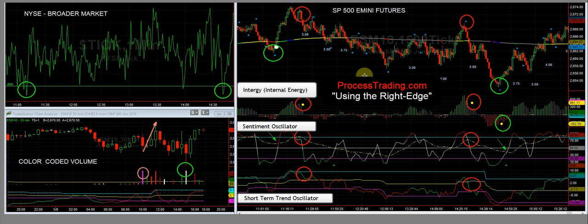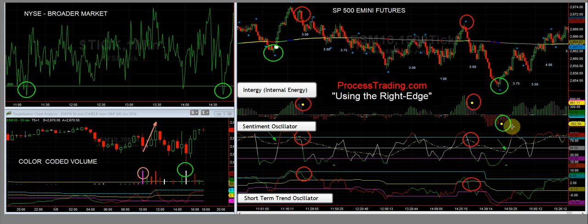Our last discretionary trade here was a long trade. Again, it's associated because the broader market had reached an oversold condition. And so we're looking to go long. We're looking if it's appropriate to go long.